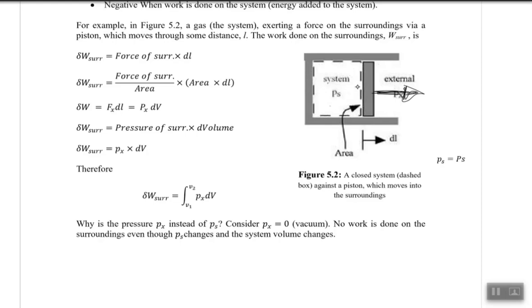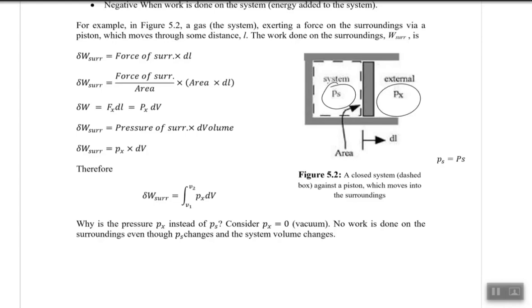In the same way, if you are pushing this piston very quickly, there would be resistive forces pushing the piston in this direction as well. So if you are doing it very quickly, there would be some resistive forces, in terms of vacuum or some eddies, and that means PS would not be equal to PX.